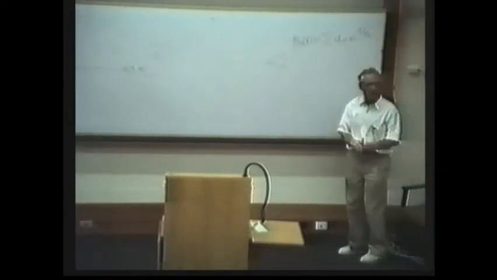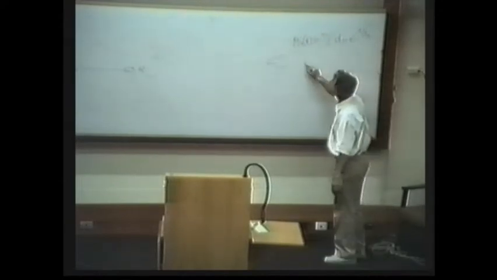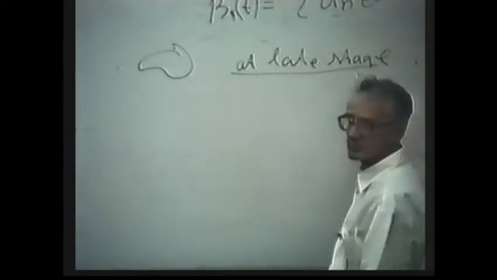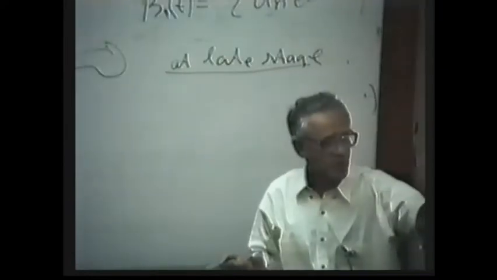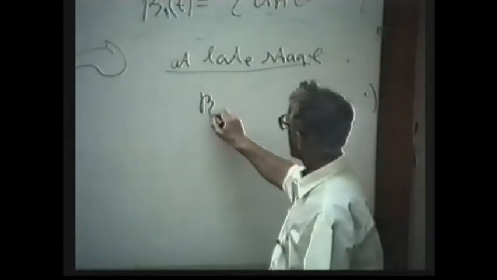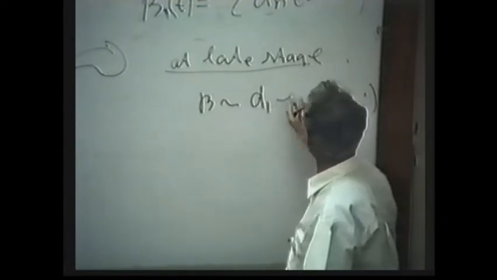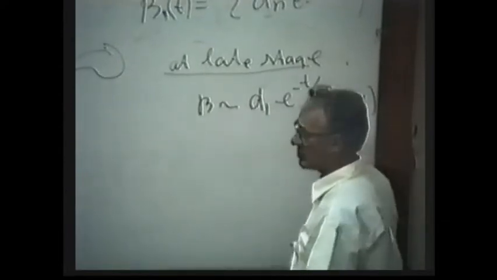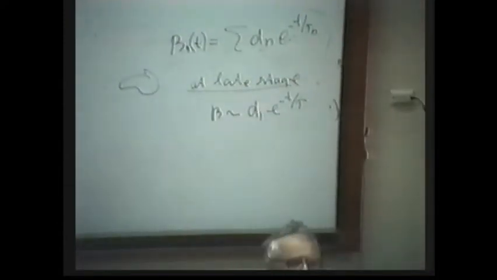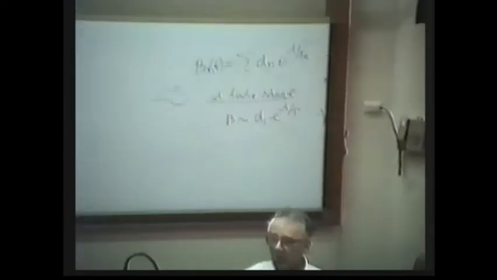Clear? Now at the late stage, what do we have? One exponent, correct? At the late stage, B equals d_1 e^(-t/tau_1). That's typical behavior of currents induced in a confined conductor, no exception.